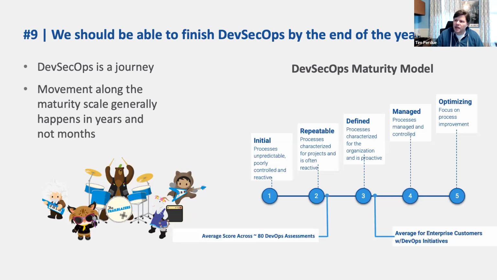We've done about 80 of these DevOps decks, and I'll use DevOps and DevSecOps interchangeably today. Most of them are sitting at about a 2. So getting to a 5 is not that practical. This is a journey that could go on forever.